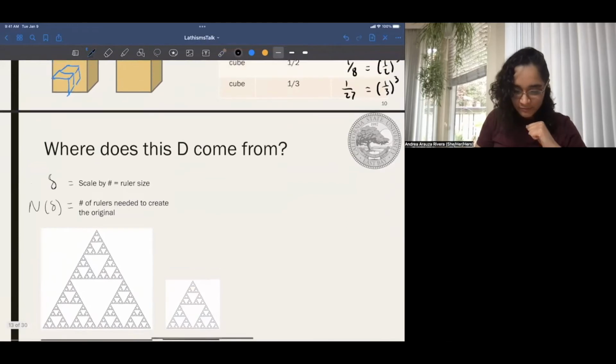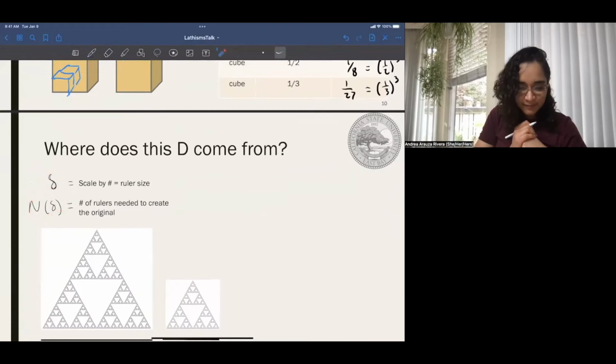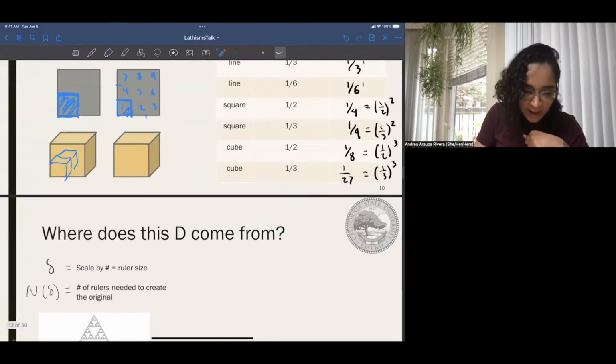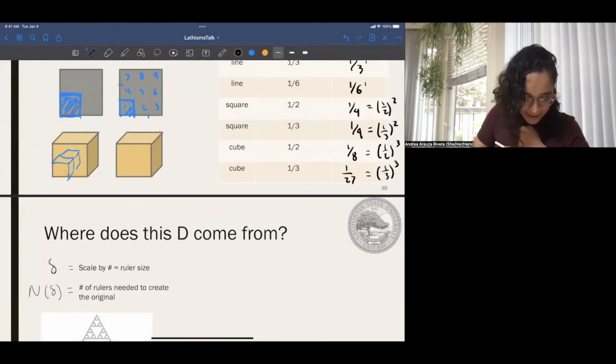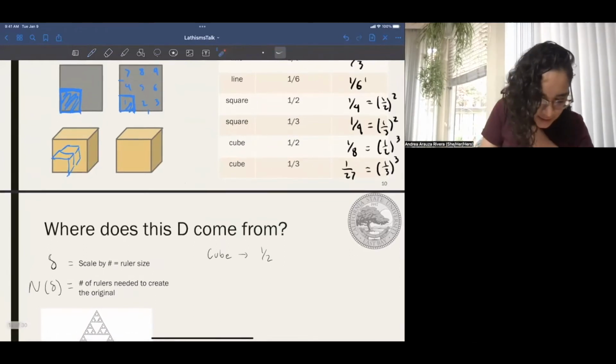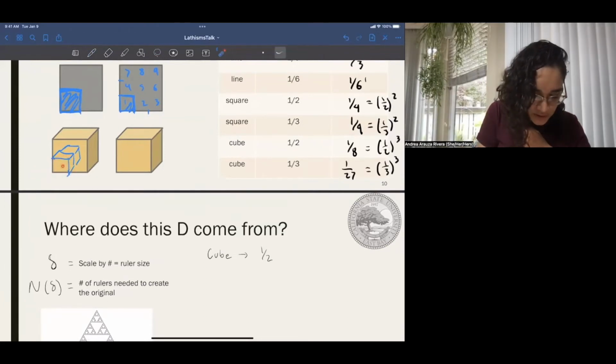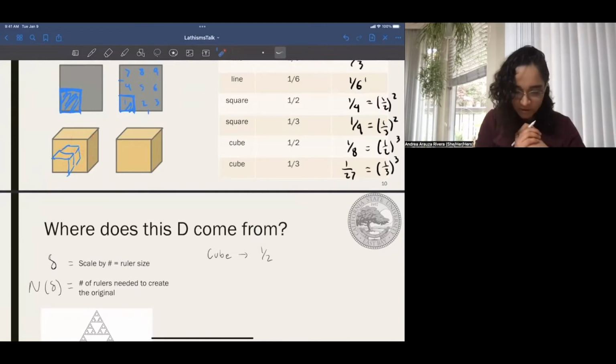So one thing we might do at the beginning here is to derive a relationship between these two numbers. Okay, and we can use one of these up here to see what we might get. So for example, for the cube, when it was scaled by 1/2, we saw that we needed 1, 2, 3, 4, 5, 6, 7, 8 cubes to cover the original shape.